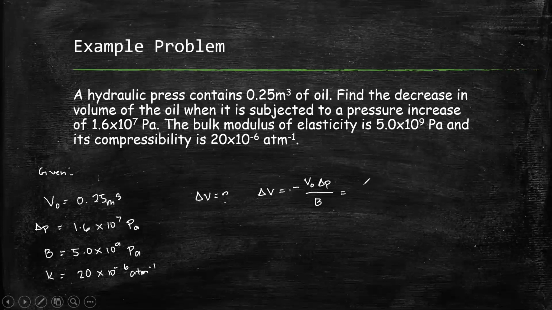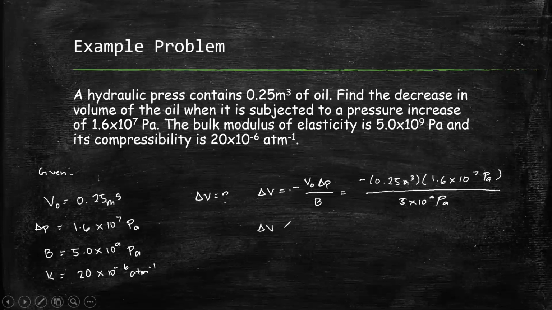Therefore, it is equal to negative 0.25 cubic meter times 1.6 times 10 raised to 7 Pascal, all over 5 times 10 raised to 9 Pascal.